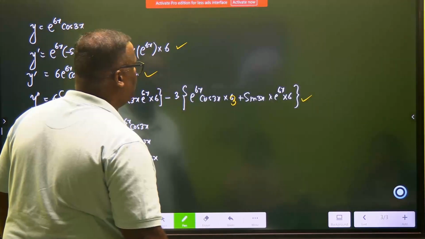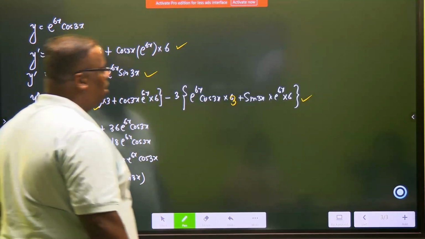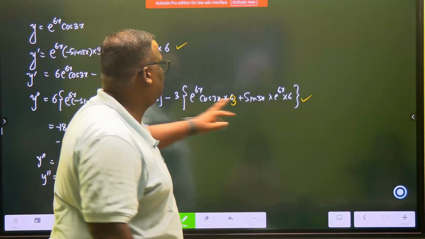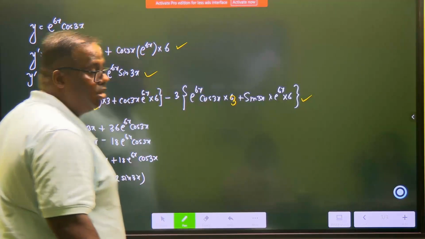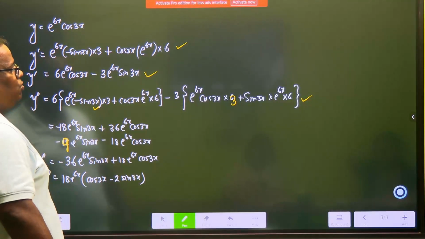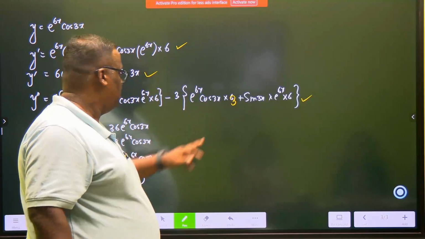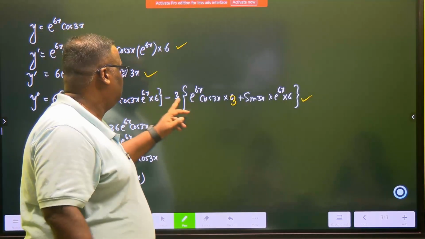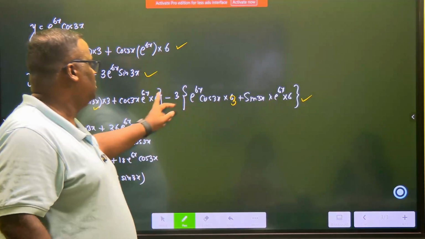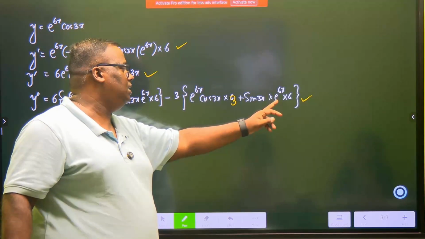Okay. 9 e to the power 6x. No, this will be 3, 6, 18. Yeah, 3 cos 3x, the 9. It's minus. No, this is fine. One minute. This is correct. This is correct so far. So 3 multiplied by 6 gives you 18.